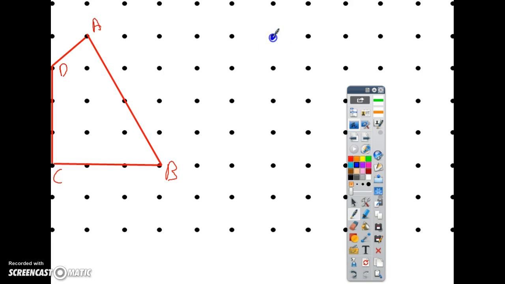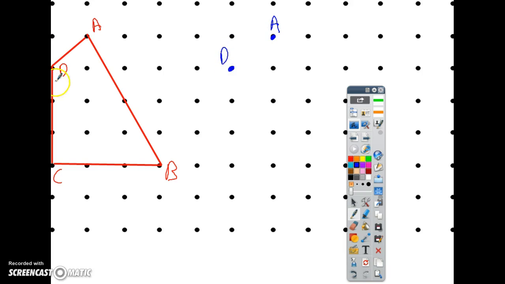I'm trying to go over far enough so that I don't end up in the way of what I'm already doing. So A, this time to me, it's easiest to go back from A to D because I went over 1 and down 1. That would be my D.